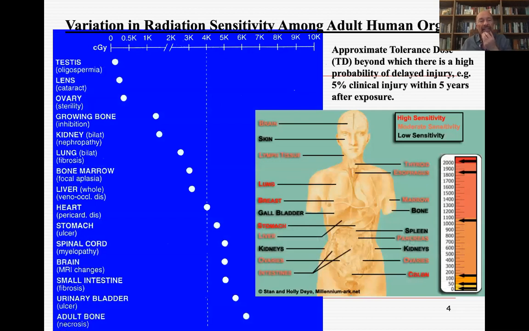Now, the sensitivity of the different tissues is very different. There are some tissues that are very sensitive to deterministic effects, and other tissues that are much more resistant. This gives you the approximate tolerance dose.